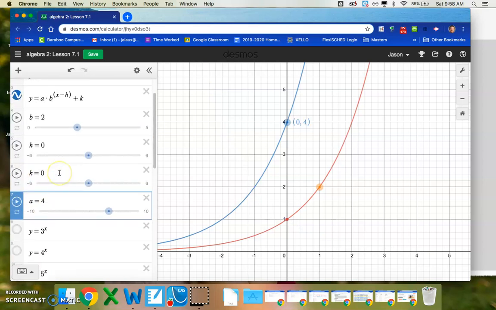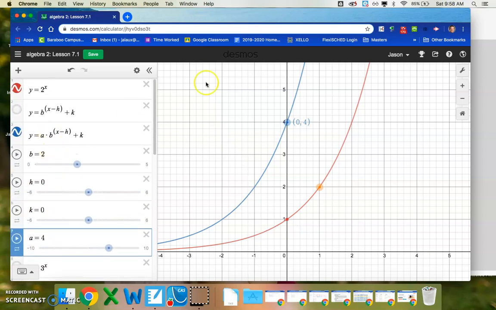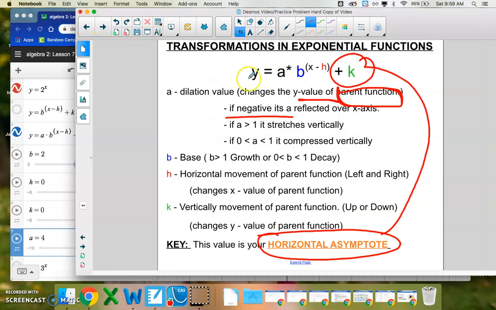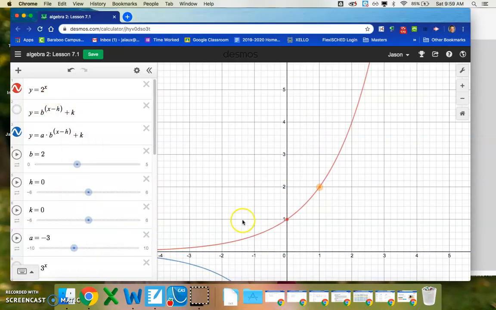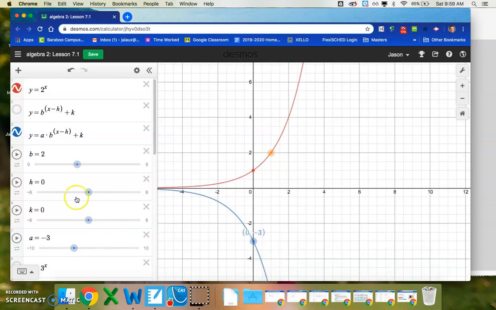So when we look at putting all these together, let me reiterate a couple things before the time runs up. The a is the dilation value, so it's affecting the y value. And if it's negative, let's go back to here. If I make the dilation, let's say -3, I should just make it -1 first. Instead of going 0, 1, we would now go 0, -1.